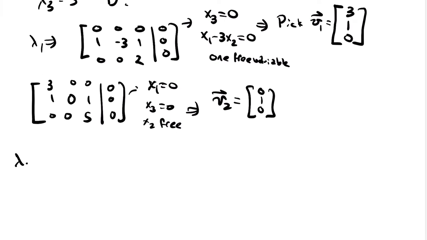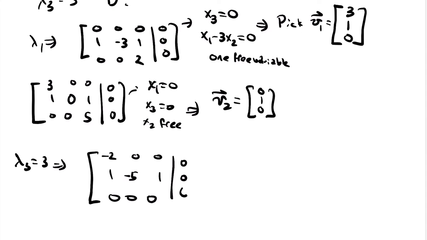And then finally, lambda 3 is 3. 1 minus 3 is -2, -2 minus 3 is -5, and 3 minus 3 is 0. That tells me x1 is 0 and -5 x2 plus x3 is 0.